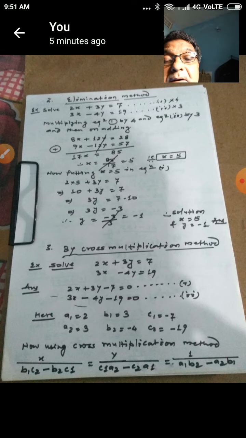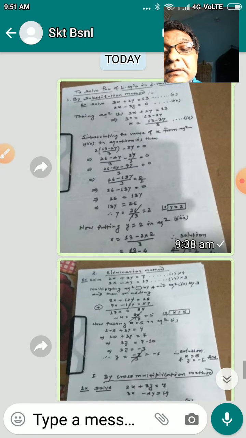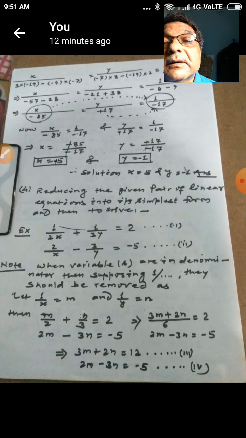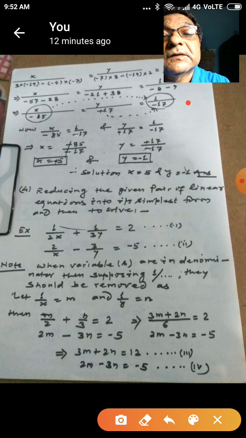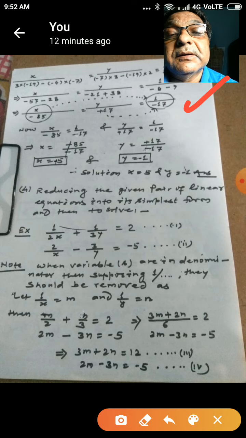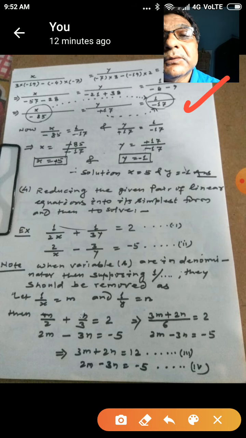Okay students, since you have already noted all these, put the values here, and on simplification we come to this step. You see x by minus 85 equal to y by plus 17 equal to 1 by minus 17. Now you see what is done here. We have to take them in pairs.